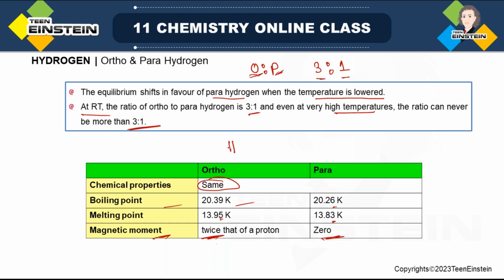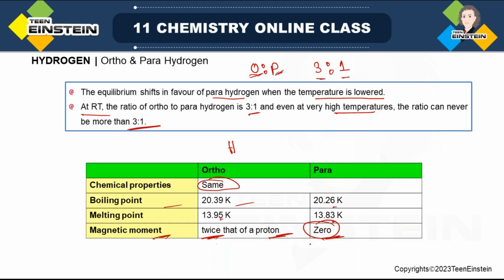Proton means if you simply consider one H. Magnetic moment depends on atomic particles like protons, electrons and neutrons. So if you consider the nuclei, it is twice that of a proton, because both are in the same direction.